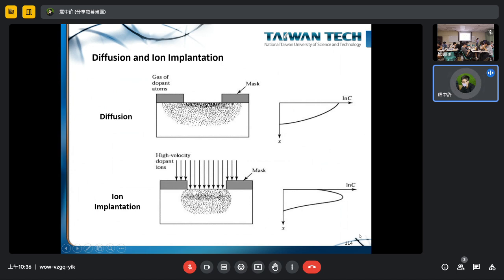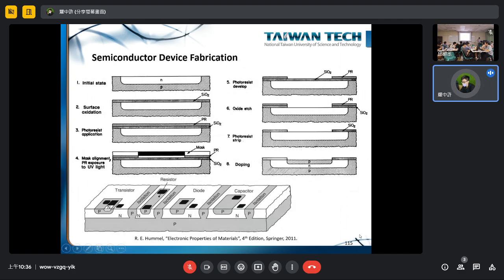But you can see the profile is different. For diffusion, near the interface has a higher concentration. For ion implantation, it will reach a certain level in depth. So this is the overall picture; you can see the four major processes: lithography, deposition, etching, and diffusion.